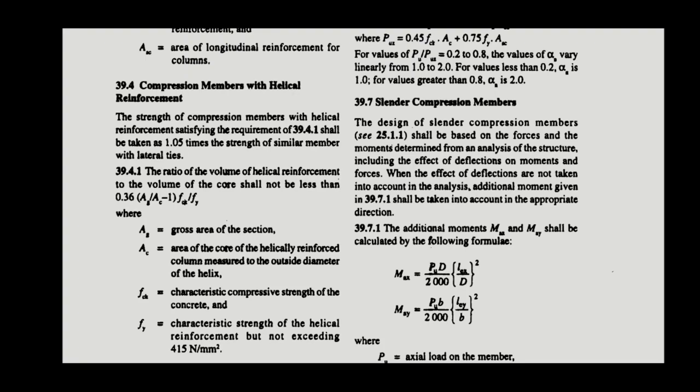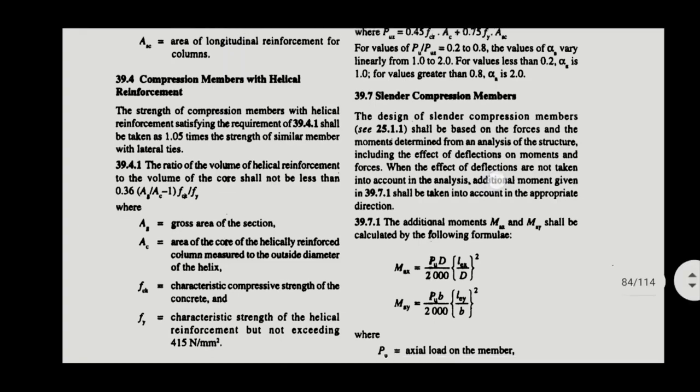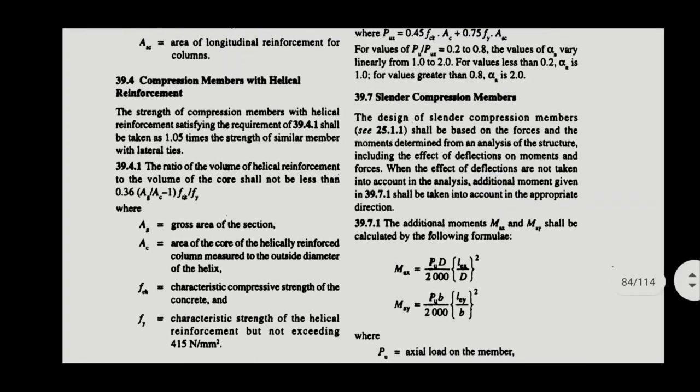Fck is the characteristic compressive strength of the concrete and fy is the characteristic strength of the helical reinforcement, but remember not exceeding 450 Newton per millimeter square. Okay, so let's check the notes.